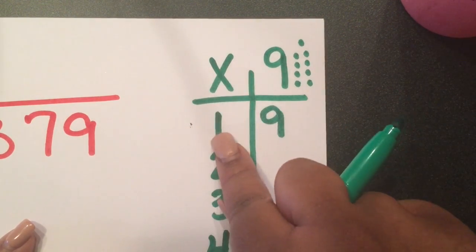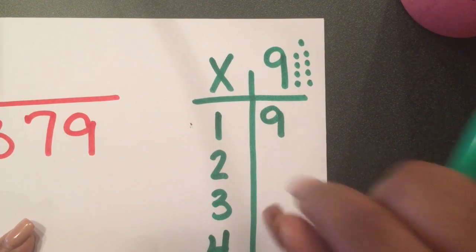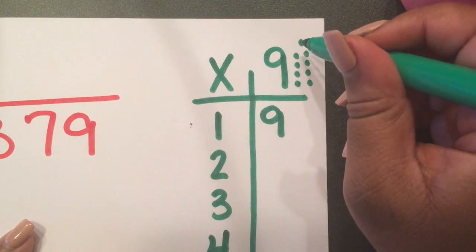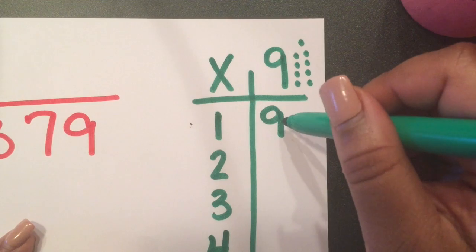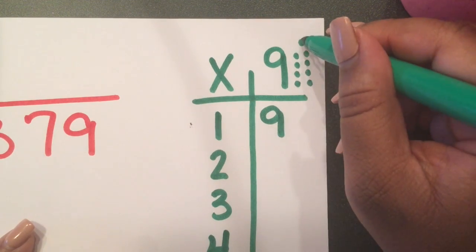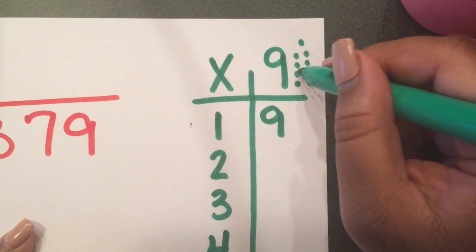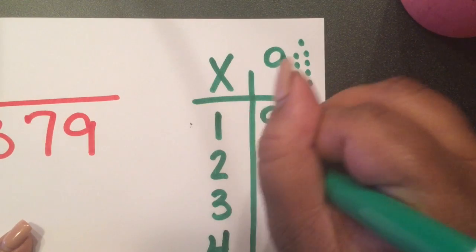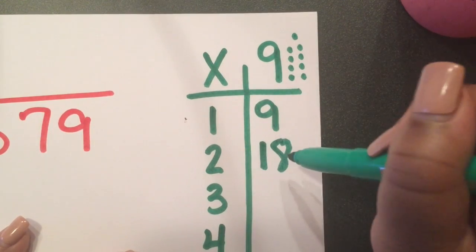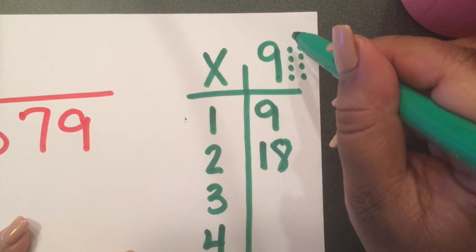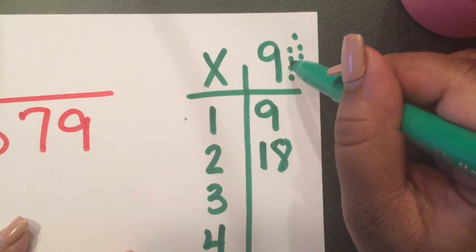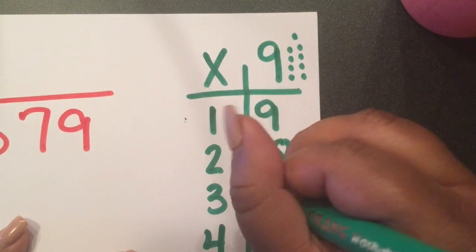So 9 times 1 is equal to 9. And you can count the dots to get the next number. So you say 9, and then 10, 11, 12, 13, 14, 15, 16, 17, 18. And then you say 18, 19, 20, 21, 22, 23, 24, 25, 26, 27.